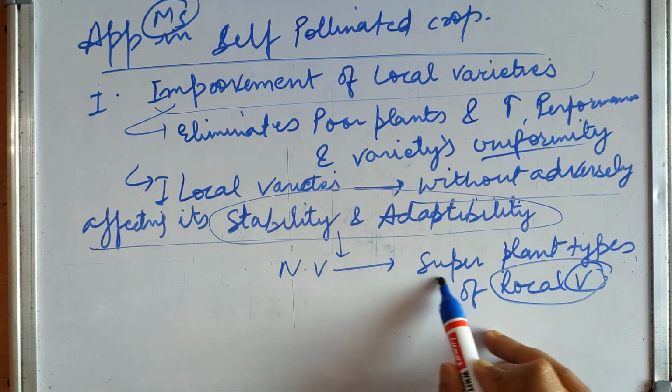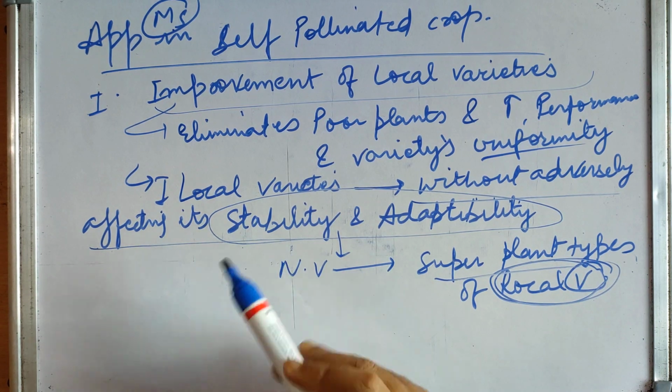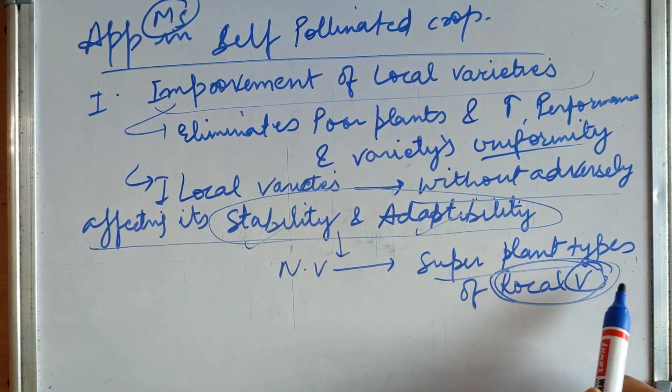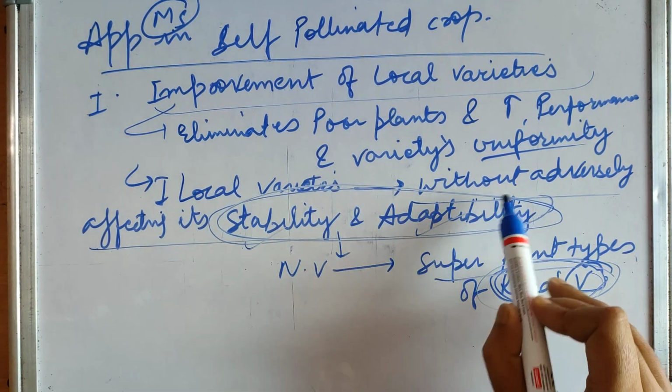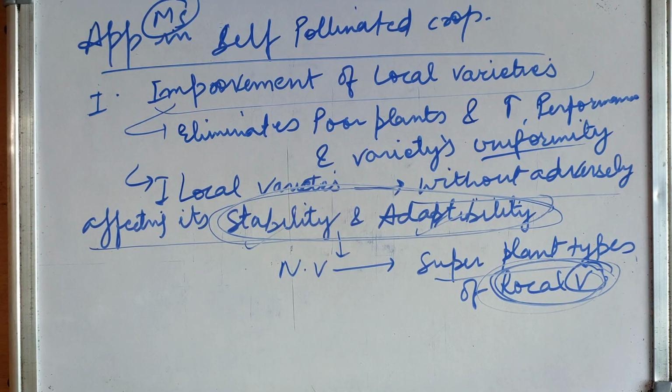As it is made from the superior types of the local variety, it doesn't affect its stability and adaptability. As the local variety is more adaptable to that region, the new variety will also be adaptable to that region only. So I hope you understand.